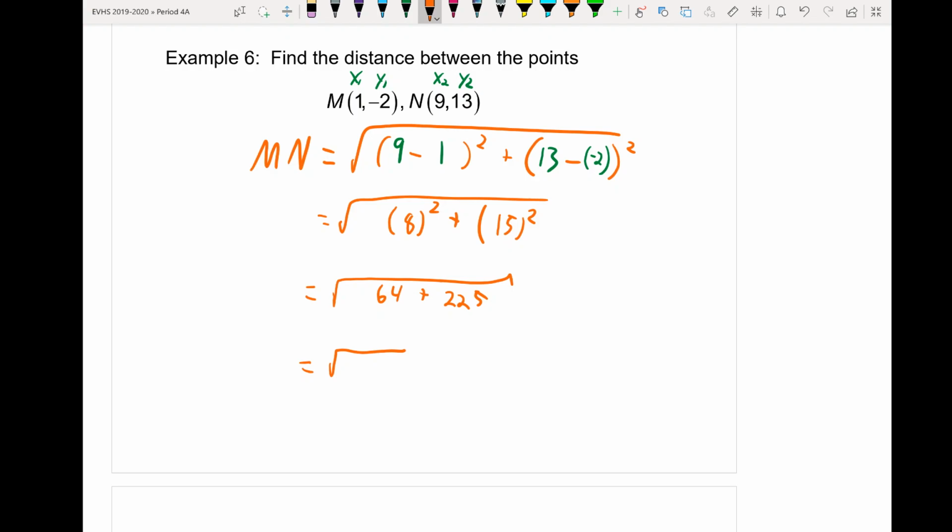And then 64 plus 225 is 289. And I believe that's a perfect square, because if I type it in the calculator and check, I think it's 17. Yep. All right, yeah.